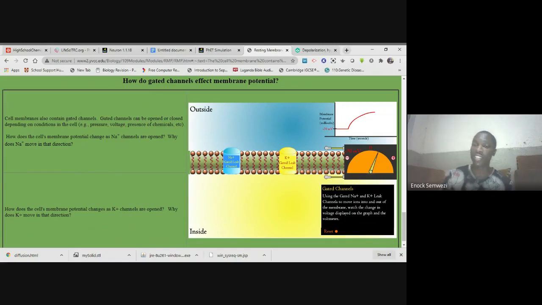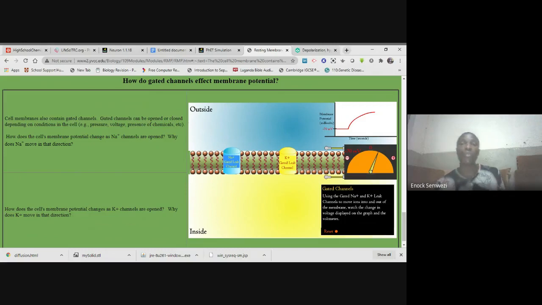Originally, at negative 70 millivolts, the membrane is more negative on the inside and more positive on the outside. So when the positive ions start moving from the outside to the inside, it is no longer polarized, but is getting depolarized. That's why we talk of depolarization.